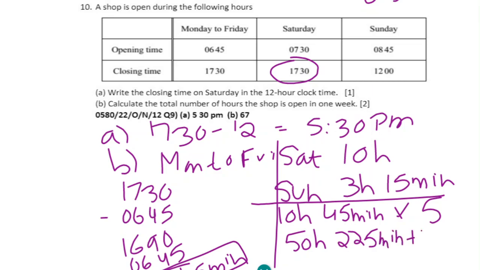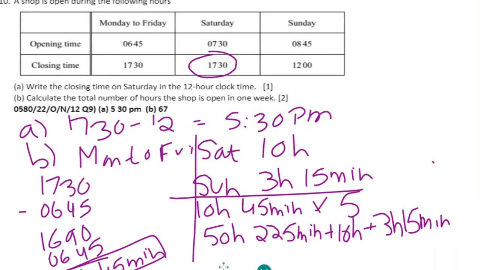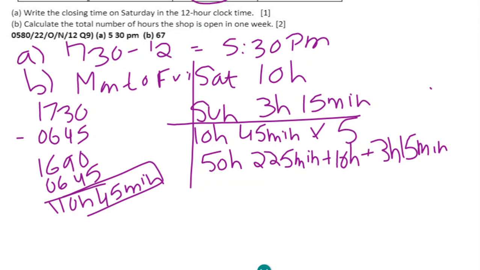Now add 10 hours to it and also 3 hours 15 minutes, and we'll get 63 hours and 240 minutes.